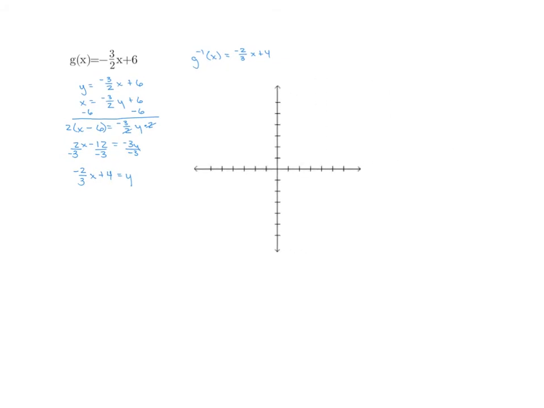Okay, so let's go ahead and graph these. So g of x, if we graph that one first, we have a y-intercept of 6, and my slope tells me to go down 3 and over 2. I'm going to do that a couple times just to get a good shape here. We should have a line that looks like this. So now I just want to connect the dots.